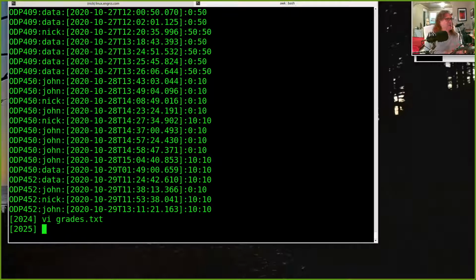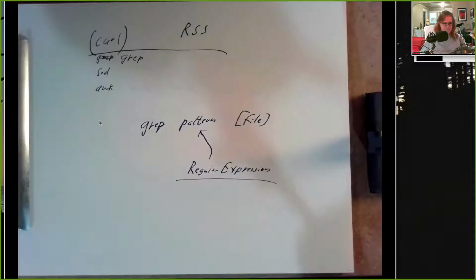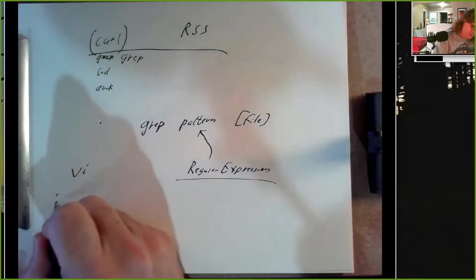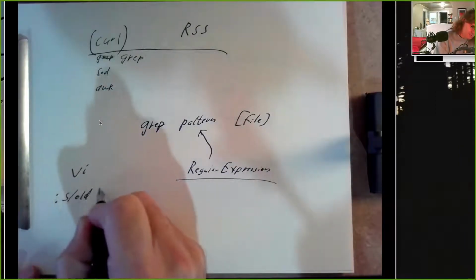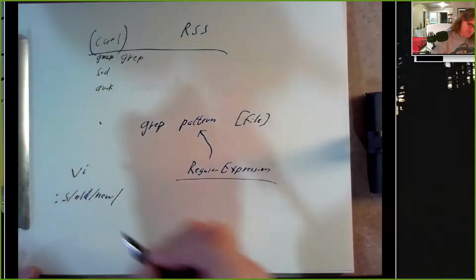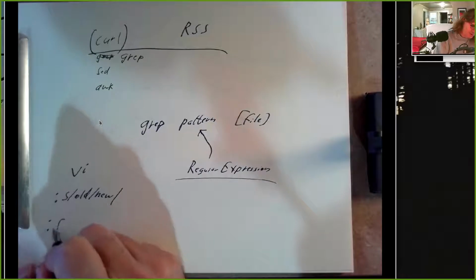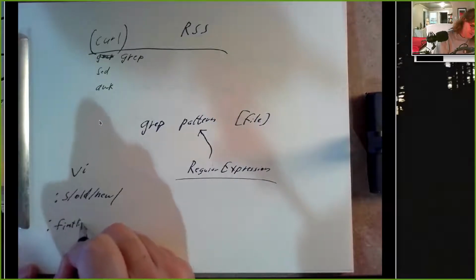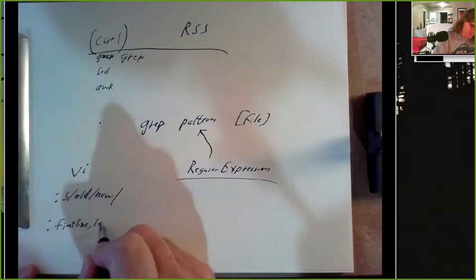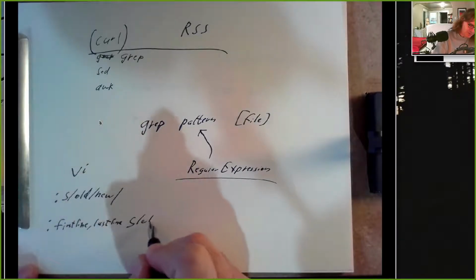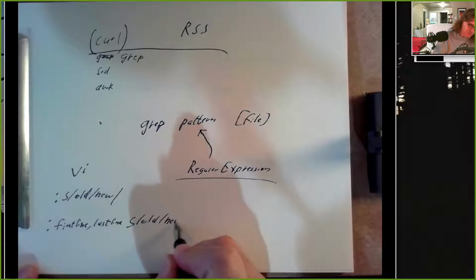So inside VI, I can do this colon command to substitute on one particular line, or I can say colon, first line, comma, last line, where those are numbers, substitute old with new.